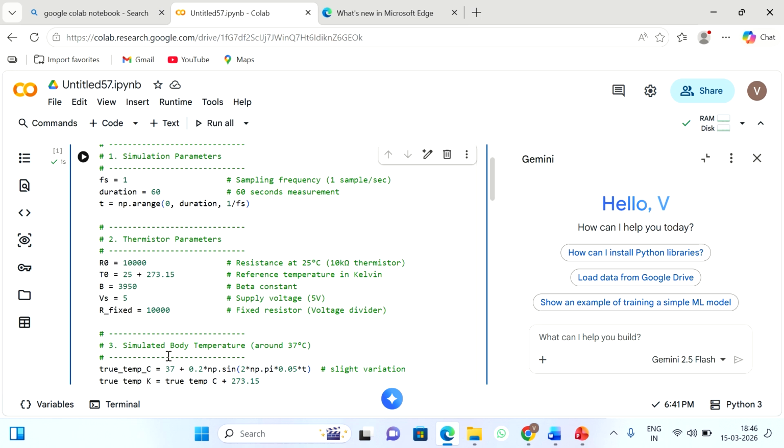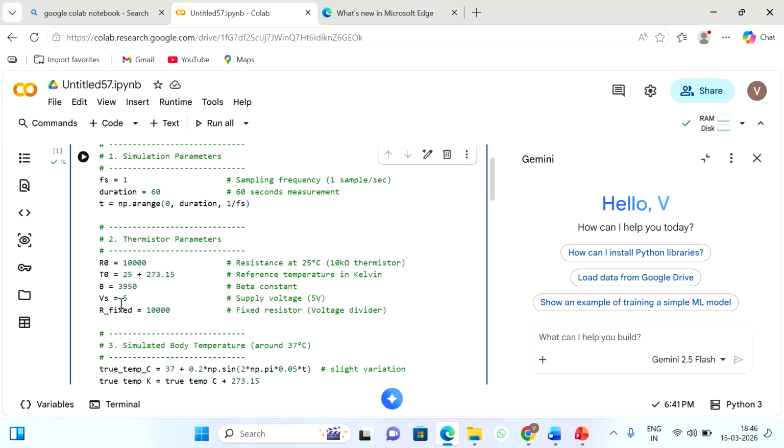These are the known parameters of the thermistor circuit. R0 equal to 10,000, that is the thermistor resistance at 25 degrees Celsius, 10 kilo ohm. Then T0 equal to 25 plus 273.15. It converts 25 degrees C to 298.15 Kelvin, and temperature calculations must be done in Kelvin using Python.